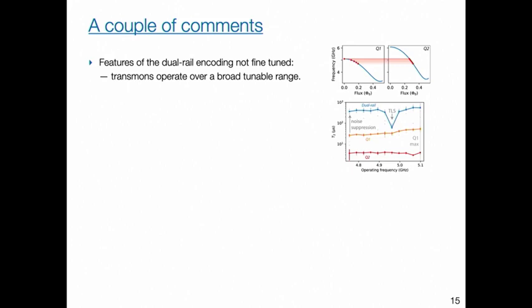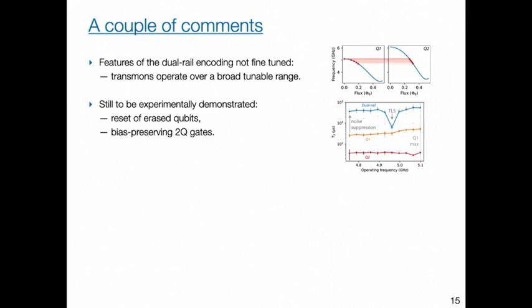Here we can operate over a broad tunable range, and this provides advantages over the standard architectures where tunable transmons are expected to operate close to the flux insensitive sweet spot. And this ability to operate over a broad range can allow us to avoid, for instance, unwanted TLSs.